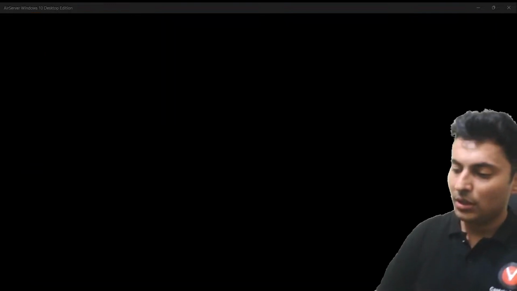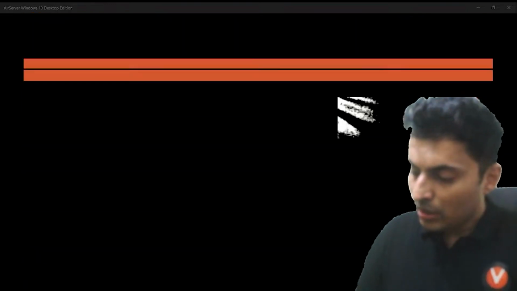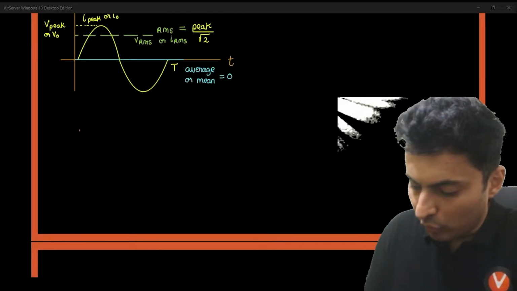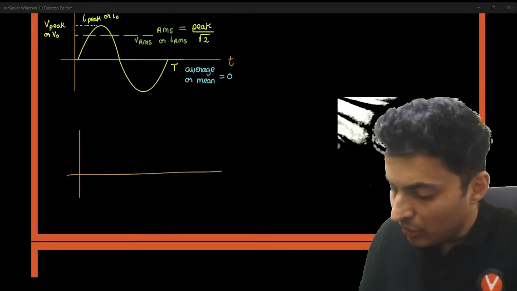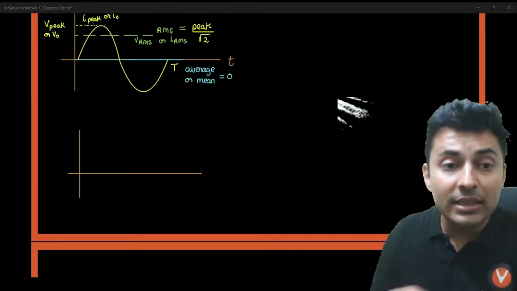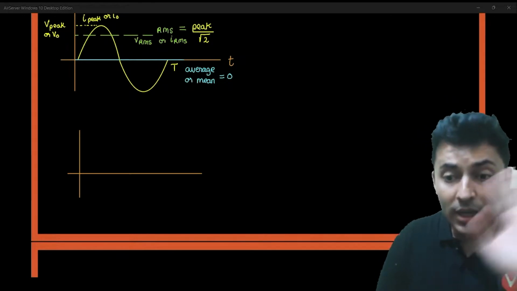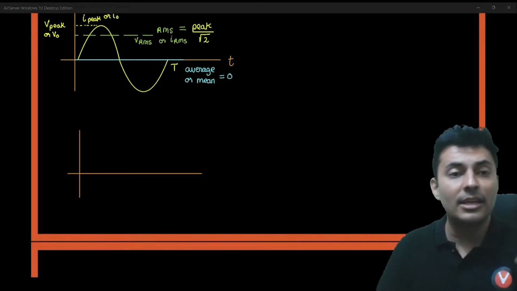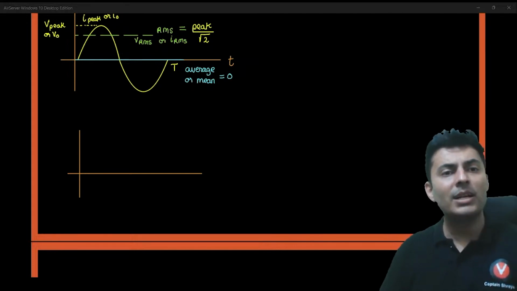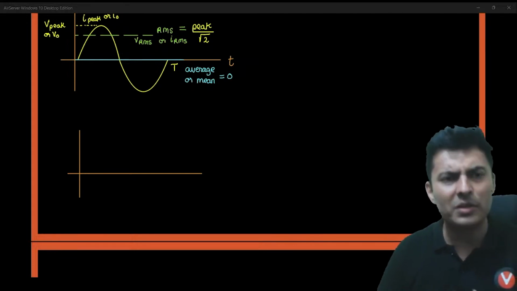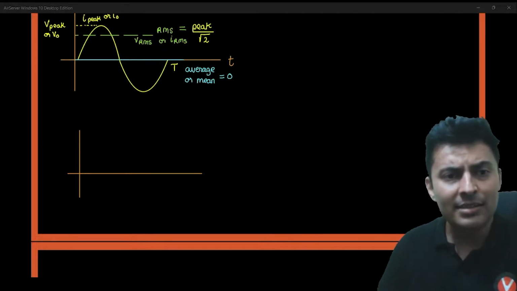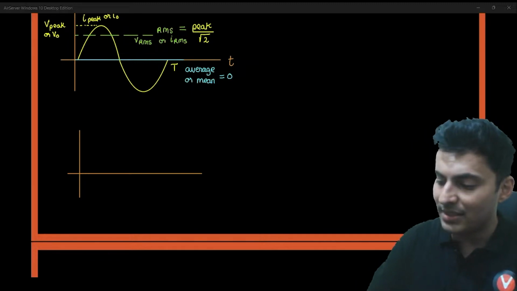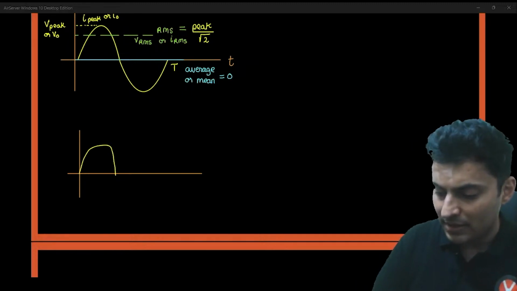Let me just show this to you. The voltage and the current may not necessarily be in the same phase. Meaning, when voltage becomes maximum, it's not necessary that current also becomes maximum. When current is 0, voltage need not be 0. So you might often see things like this.